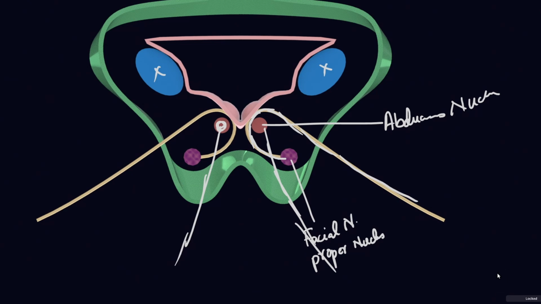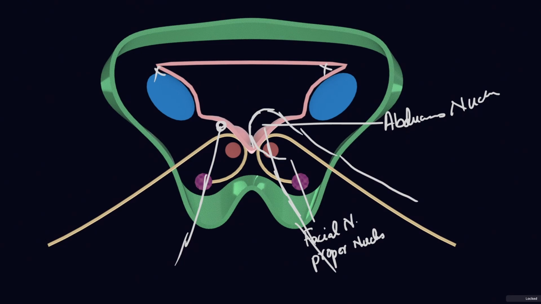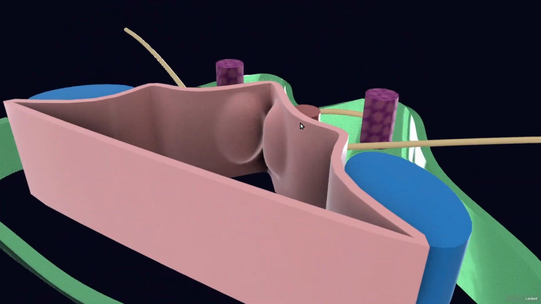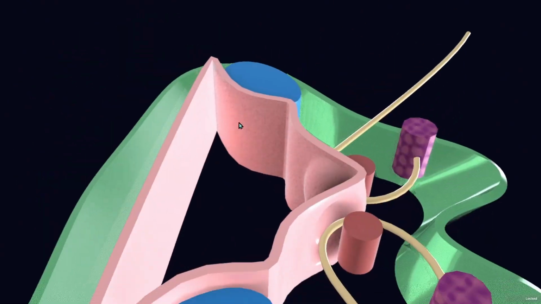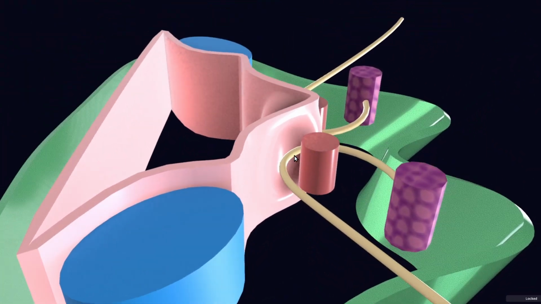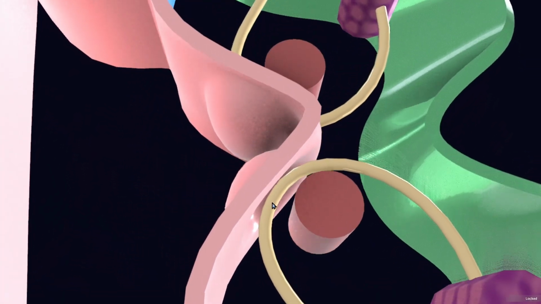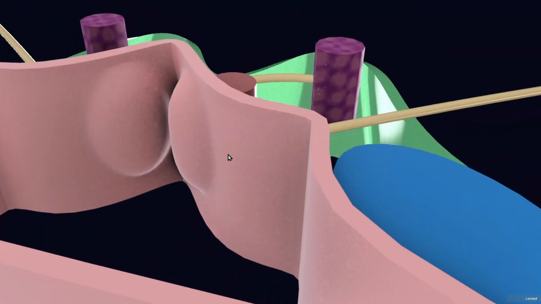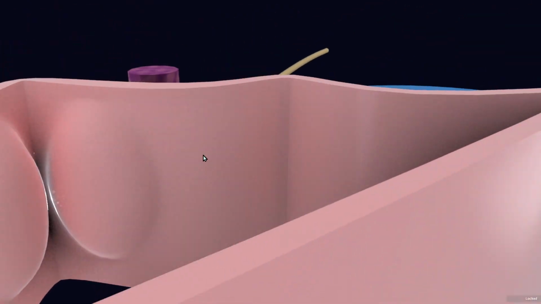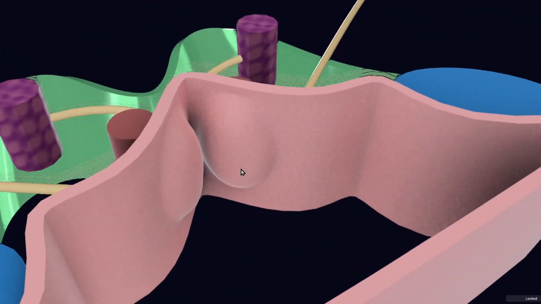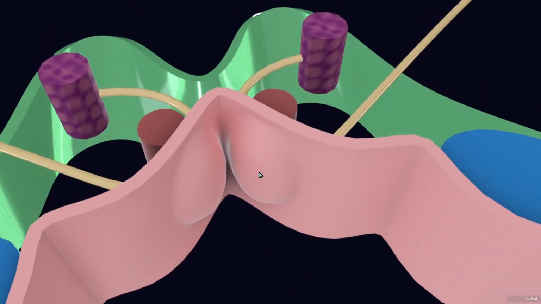And by the way, as they are looping around like this, in the floor of the fourth ventricle, here there is the formation of this swelling. The looping leads to the formation of this swelling in the pons region, near the pontomedullary junction.